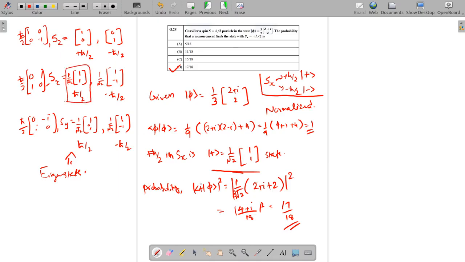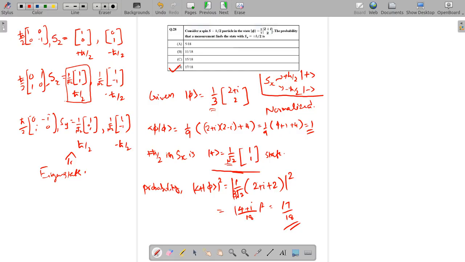That is the probability. Now if you know the state, just take this projection, the plus state with phi, and take the absolute square to get the probability. That will give you 1/(3√2), where 1/3 is coming from here and 1/√2 is coming from here. Then you just take the inner product, you get the modulus square of (2 plus i plus 2).